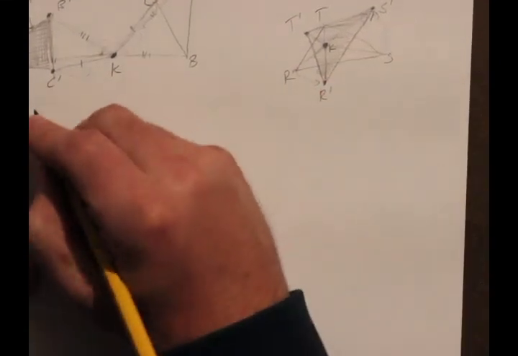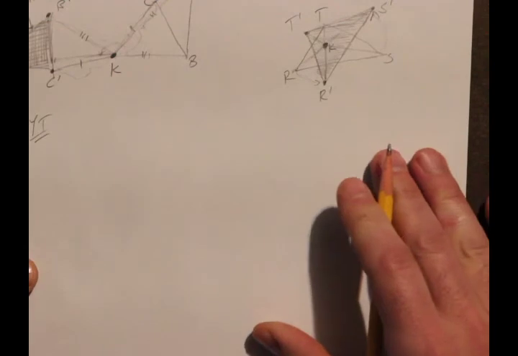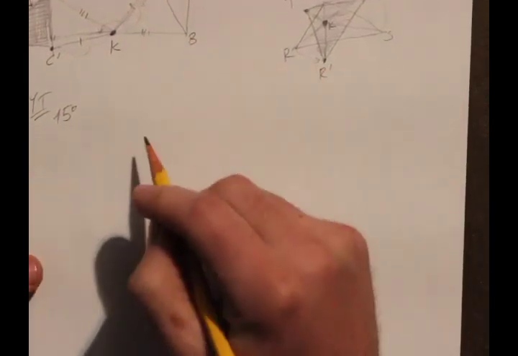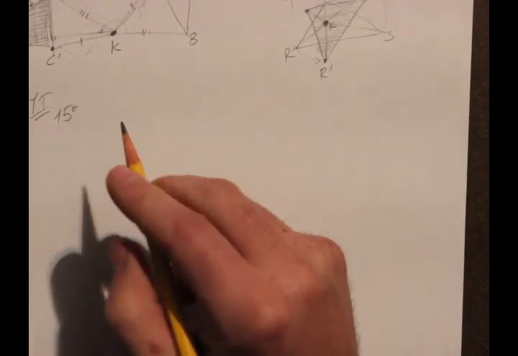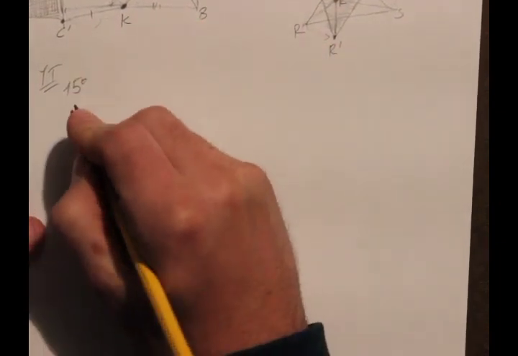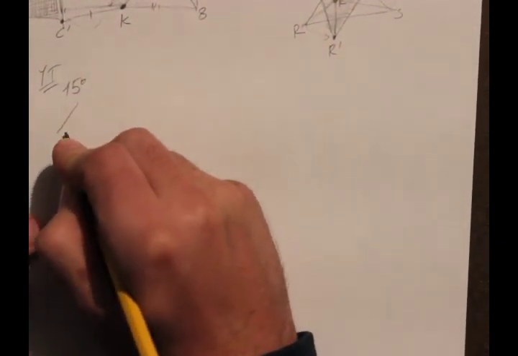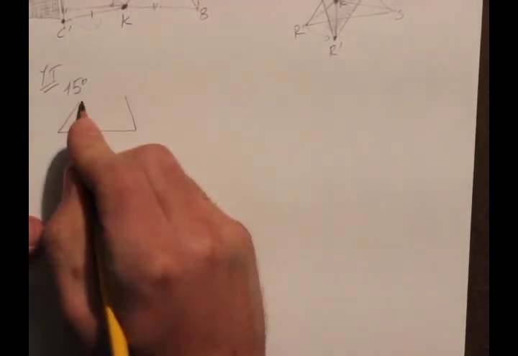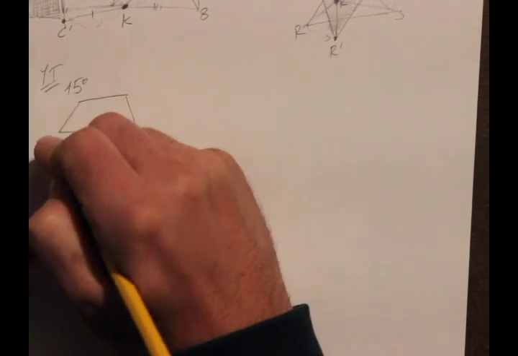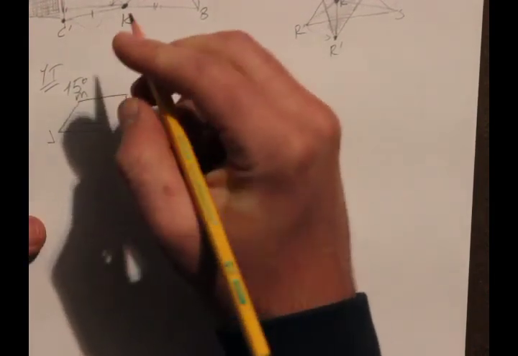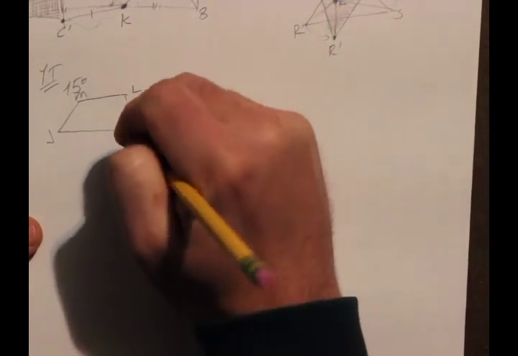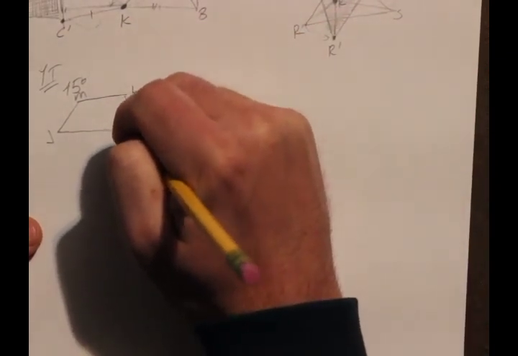So let's do a U-try. We're going to do 45 degrees. We're going to set this up first. So we have something that looks kind of like a trapezoid, and this is JMLK, and K is going to be our center of rotation.